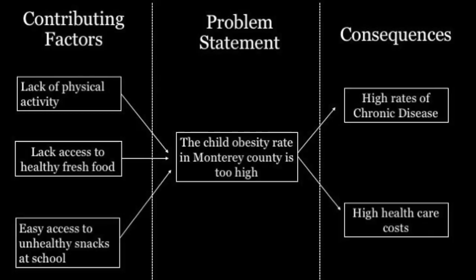If the problem is the childhood obesity rate, what happens with people who don't have children? Right? Maybe they won't care about this problem as much. If you have adult children, people may not care about this that much. But one of the consequences of this problem affects everybody in terms of high healthcare costs in the future because of high rates of chronic disease, like diabetes, for example.